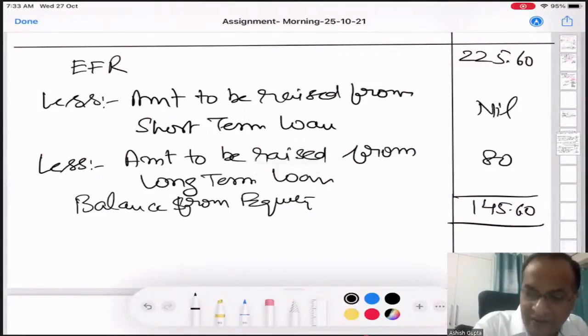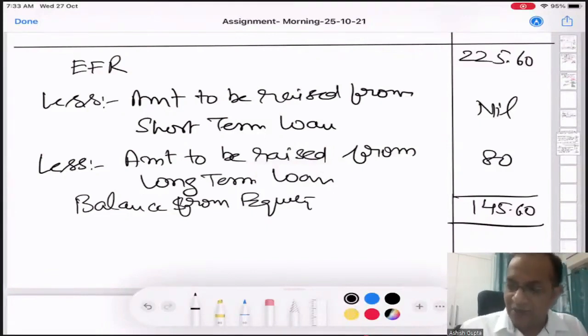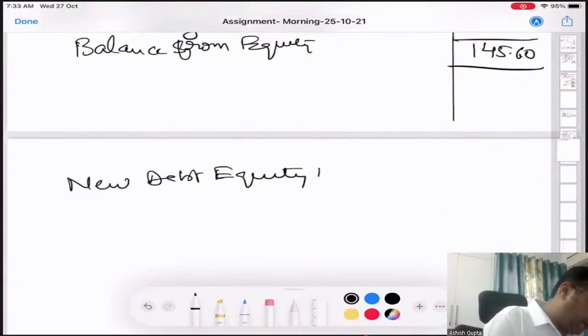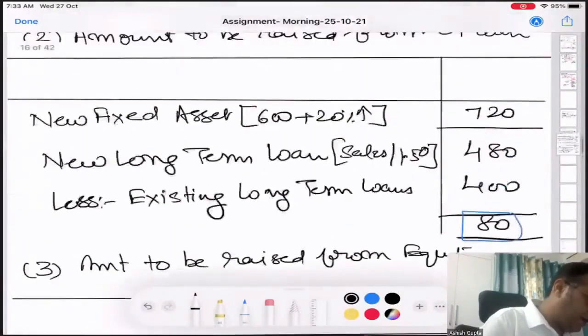Now it says that we have to meet the condition, that it should not exceed our 1.5 ratio. Now let us see the new debt equity ratio. Our overall old debt was 400, and here it is 480.